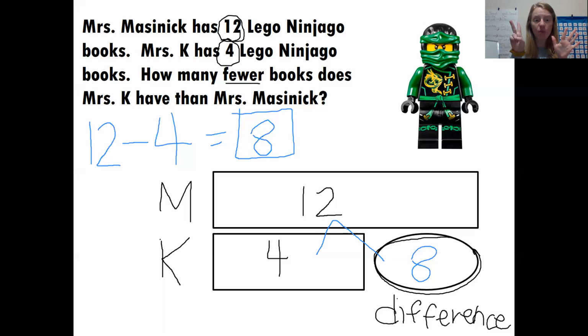But then I add 2 more to get to 12. So I can use what I know about making a 10 to help me count on, or to help me find the difference too. So we know that Miss K has 8 fewer books than Miss Masonic. Okay, are you ready to try another one?